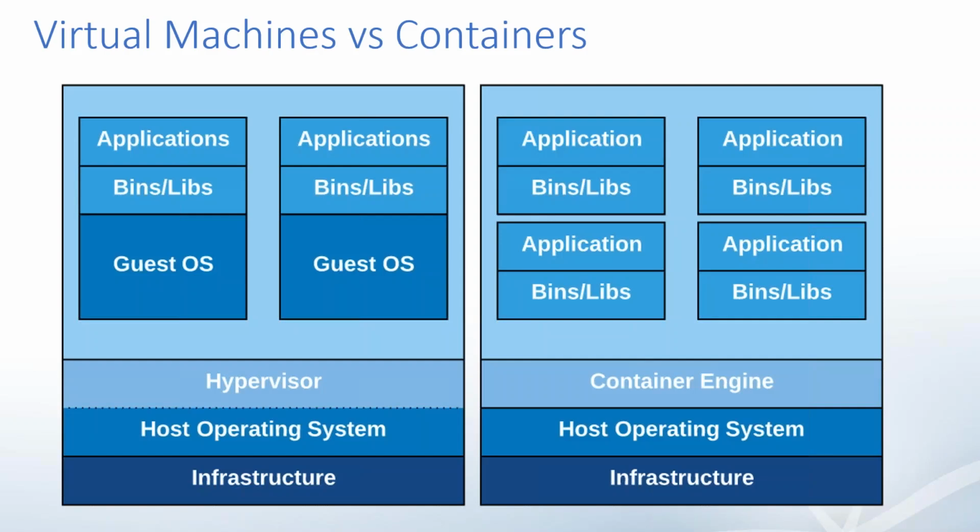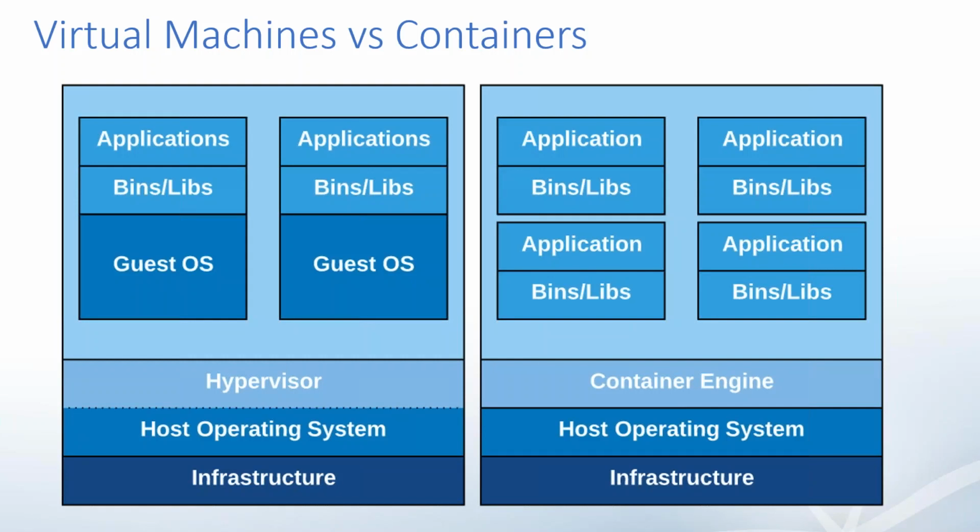Very quickly, let's see how they compare to virtual machines. On the left of the screen there, we have the virtual machine infrastructure that we've all come to know and love over the years, with our infrastructure at the bottom, and then our operating system and hypervisor on top of that. On top of all of that, we then have our virtual machines with our full-blown guest OS and our applications, and then binaries and libraries supporting them. Moving over to the container side of things, things are a little bit different.